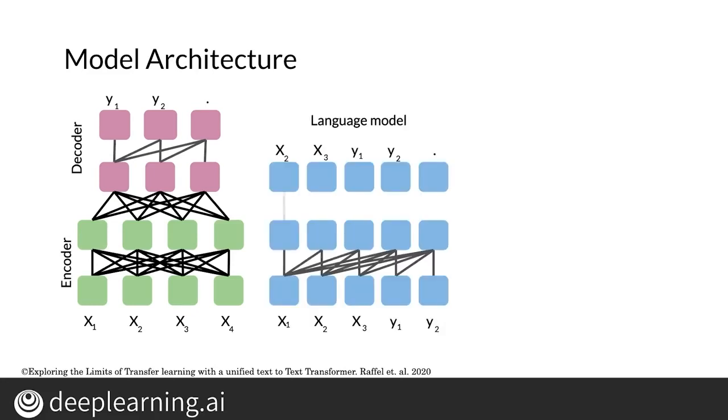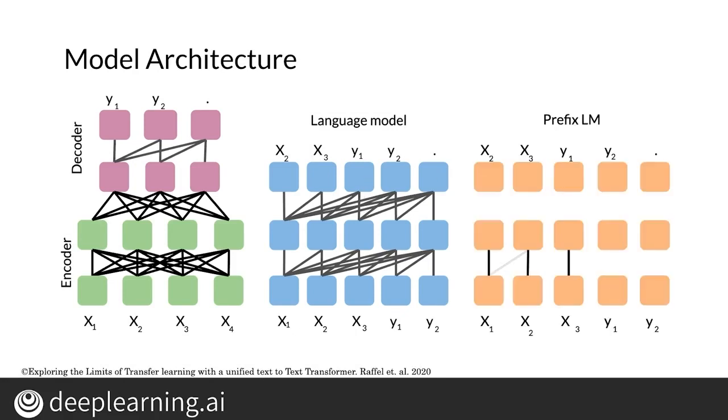In the middle over here, we have the language model, which consists of a single transformer layer stack, and it's being fed the concatenation of the inputs and the target. So it uses causal masking throughout, as you can see, because they're all gray lines. And you have x1 going inside over here, it gets x2, x2 goes into the model, x3, and so forth.